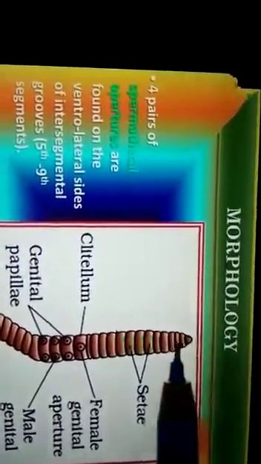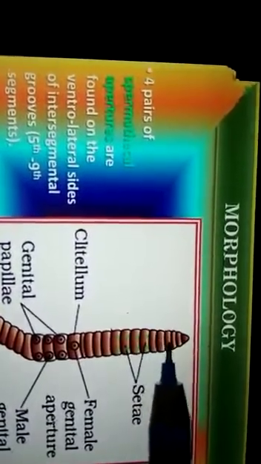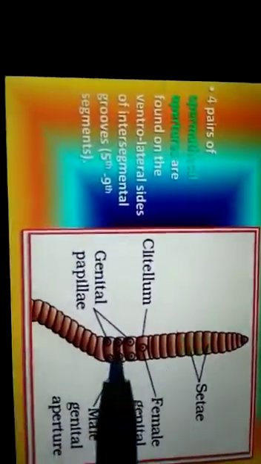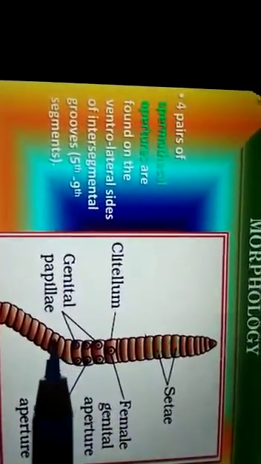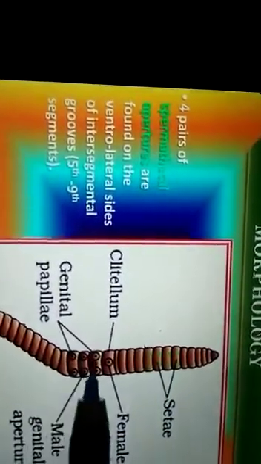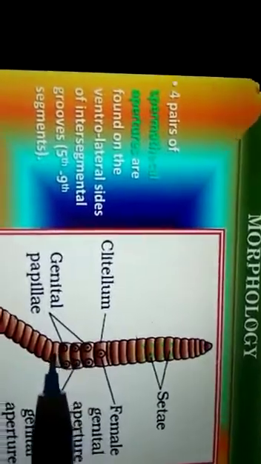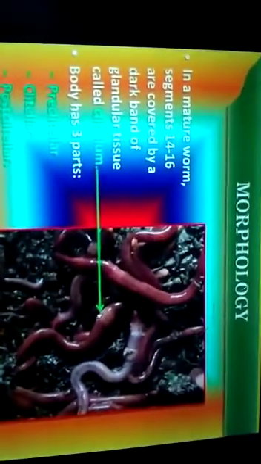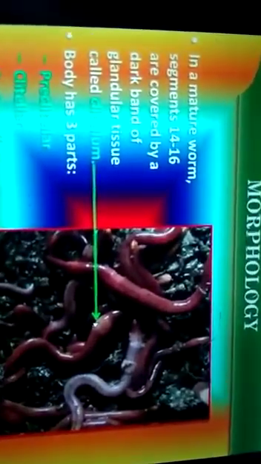Preclitellar is the portion from segment 1 to 13. Next, postclitellar is after the 17th segment. The clitellum has a very important role during the process of reproduction.